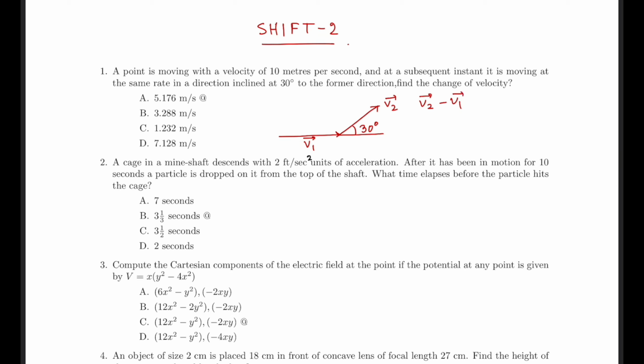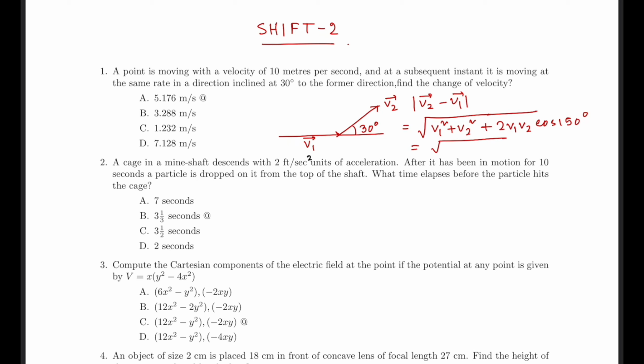Minus v1 is basically the same vector but with the direction reversed, so the angle between the two vectors becomes 150 degrees. You can use the triangular rule of vector addition to get this number. That is v1 square plus v2 square plus 2 v1 v2 cos 150.